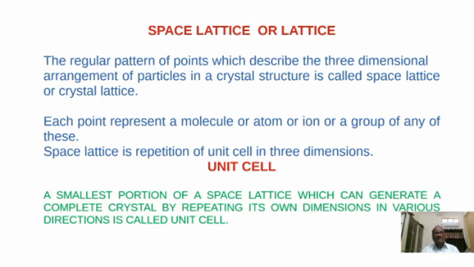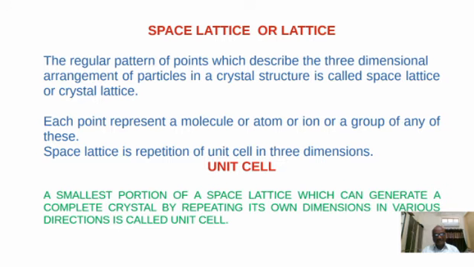So space lattice is nothing but the repetition of unit cells in three-dimensional fashion. Hence, a crystal lattice or space lattice is constituted with the help of the unit cells. If you arrange the unit cells in three-dimensional fashion, that gives us the space lattice.